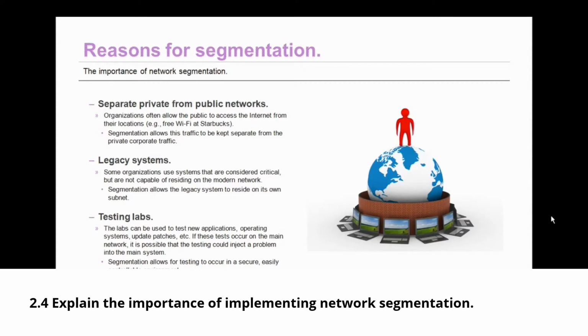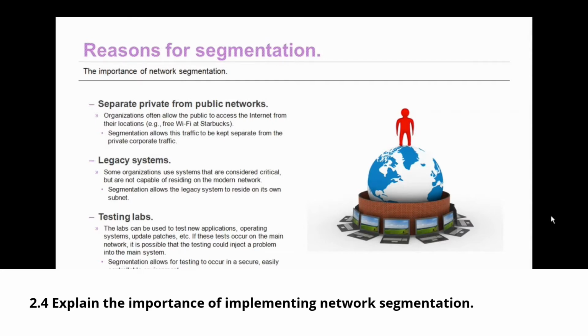Some organizations use systems that are considered critical to their operation but are not capable of residing on modern networks. Segmentation allows the legacy system to reside on its own subnet and network without compromising its performance or the performance of the rest of the network.